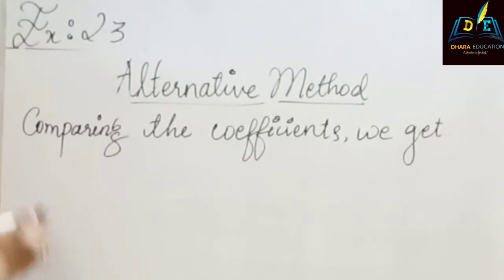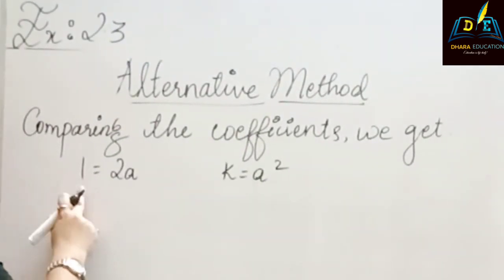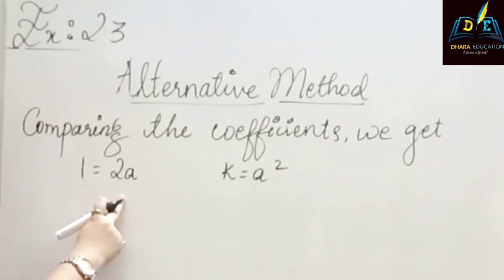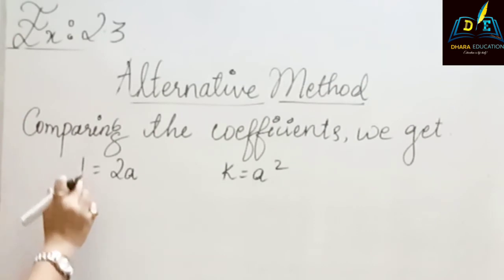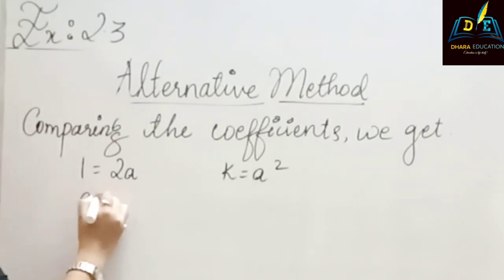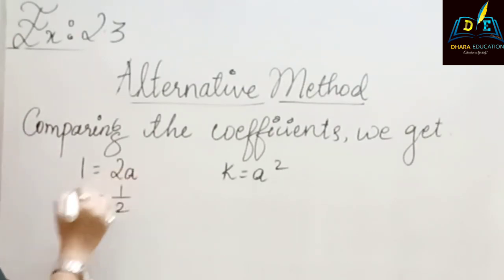Now students, comparing the coefficients, we get 1 equals 2a and k equals a square. So what will be the value of a? a equals 1 upon 2.